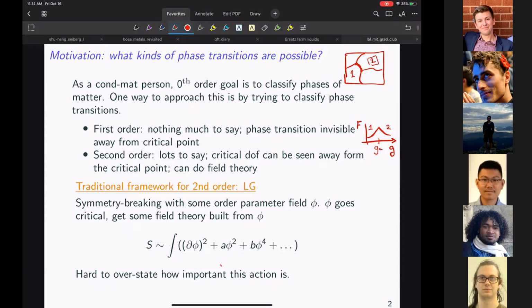And second order transitions are more interesting because when you study second order transitions, you study them from the framework of some kind of field theory. And when you're doing this, the whole analysis is done actually away from the critical point. So you're looking at how the effects of the degrees of freedom that go critical at g_c kind of extend into larger regions of parameter space.